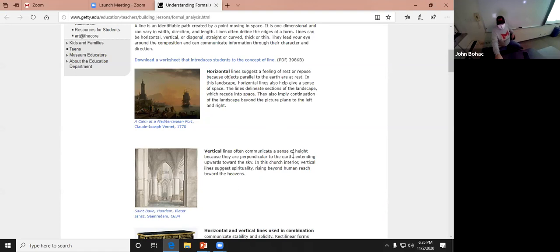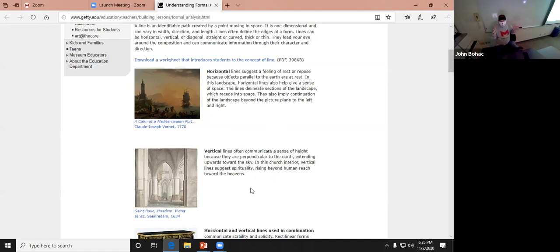Vertical lines communicate a sense of height because they're perpendicular to the earth and extending towards the sky. It says that in this church interior, vertical lines suggest spirituality rising beyond human reach towards the heavens.